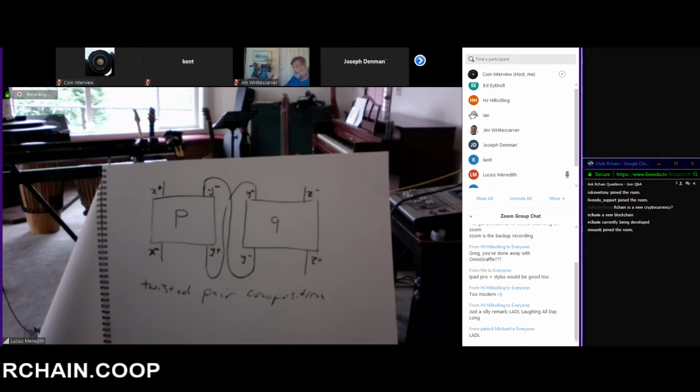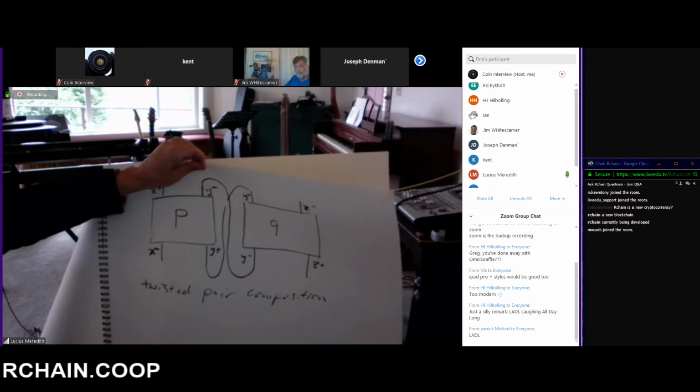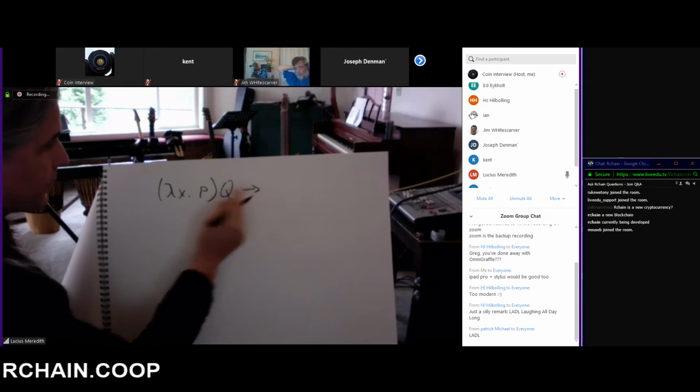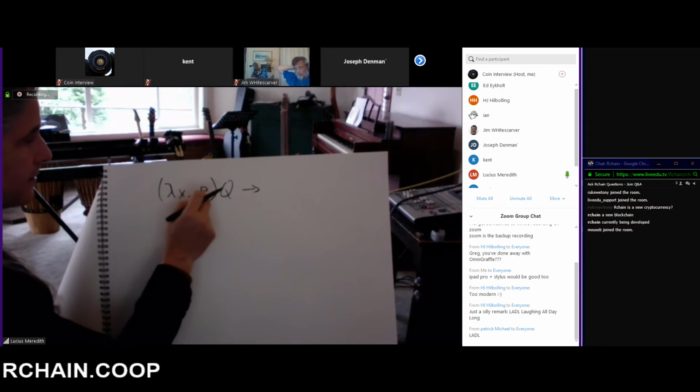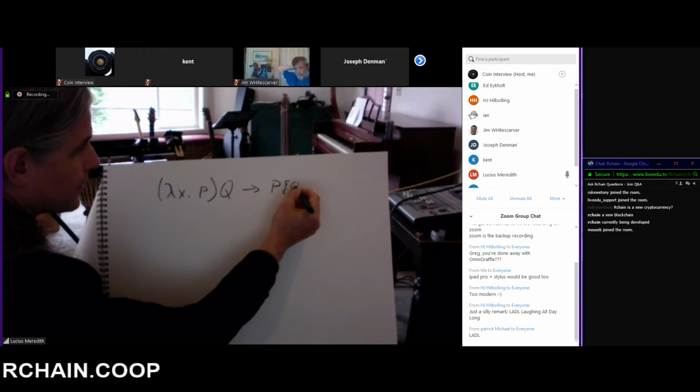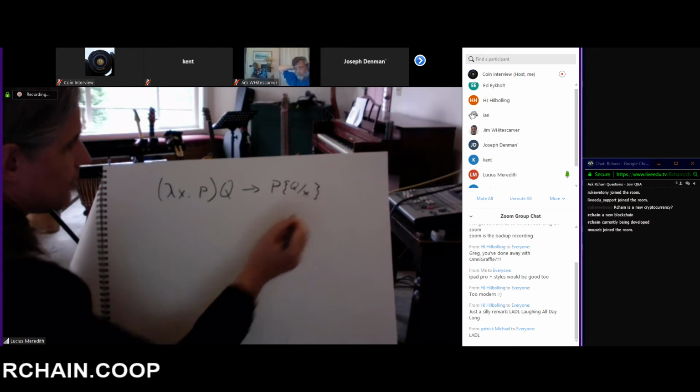It's just variable bindings. When you bind something to an expression, lambda x. p, and you apply that to a q, then the q gets bound to x inside p. So this rewrites to p in which you have q for x.